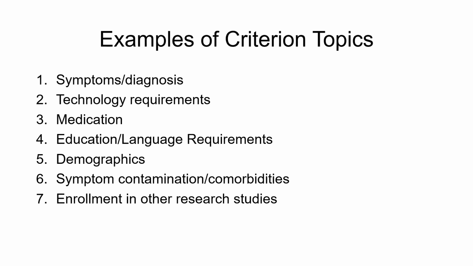Symptom contamination or comorbidities: exclude conditions or similar symptoms that may interfere with the outcome of interest. And lastly, enrollment in other research studies, like participation in other neurological, clinical, or behavioral studies, to avoid the effect of the other research studies on the results of your study.